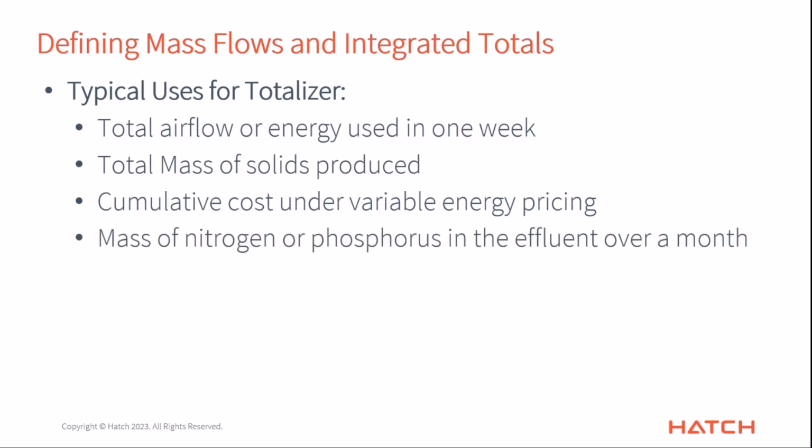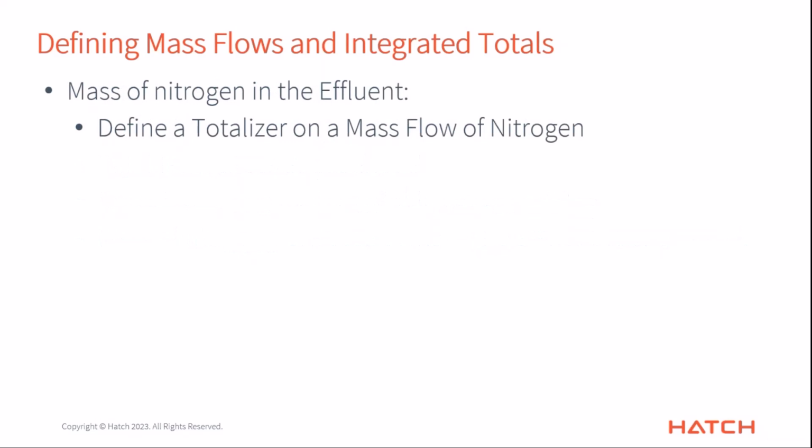And mass of nitrogen or phosphorus in the effluent over a month. I've done a couple of examples like this where you run the plant under dynamic conditions for a month and you have something changing, and then we're saying, okay, what was the total mass over that month that ended up in the receiving body of water? This one is another one that requires you to do sort of inception, like a defined variable of a defined variable.